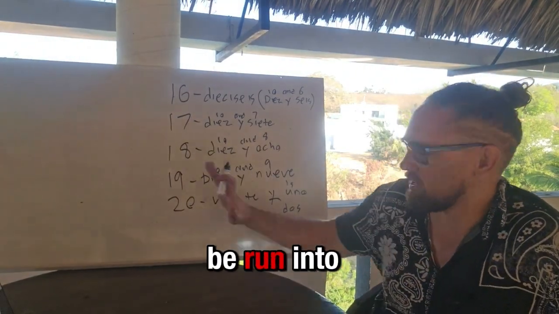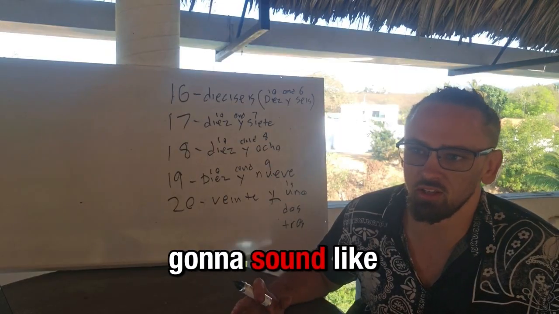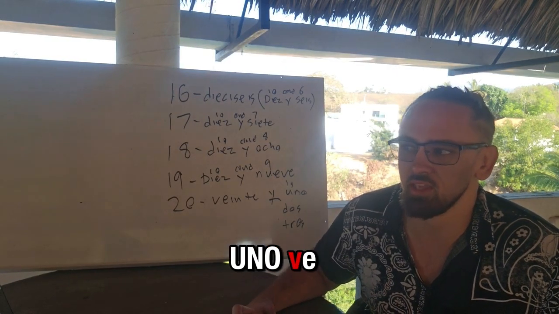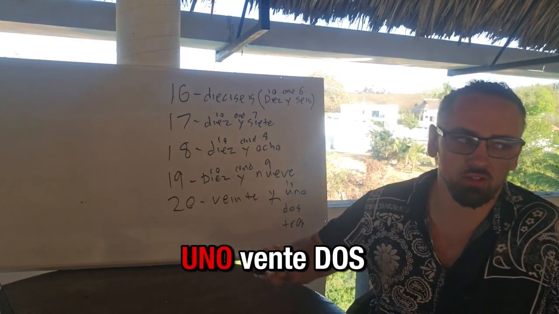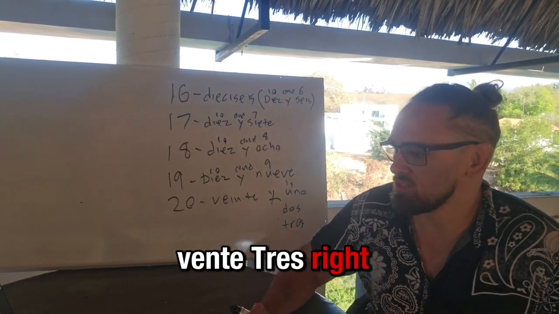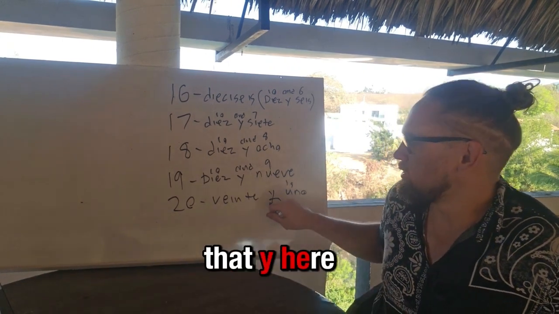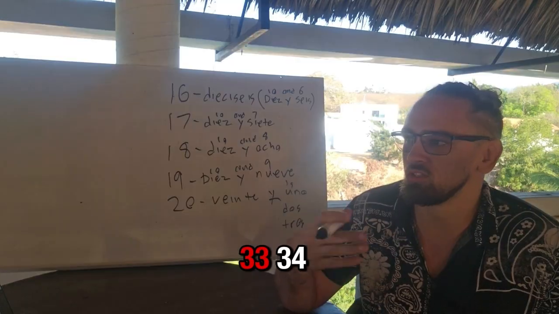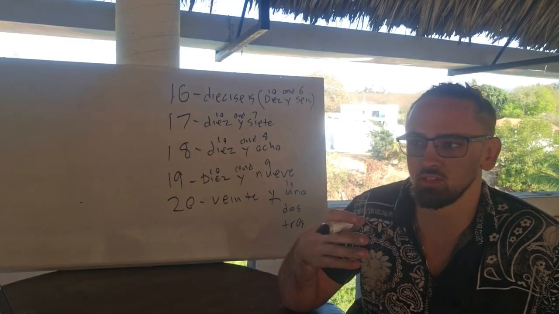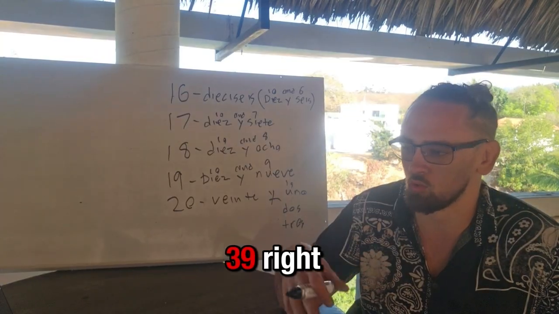It's just going to be run into the word before it, right? So it's not going to sound like 21, 22, right? It's just going to run together. 21, 22, 23, right? Same thing when we get into 30, that E here is just going to run into it, right? 31, 32, 33, 34, 35, 36, 37, 38, 39, right?